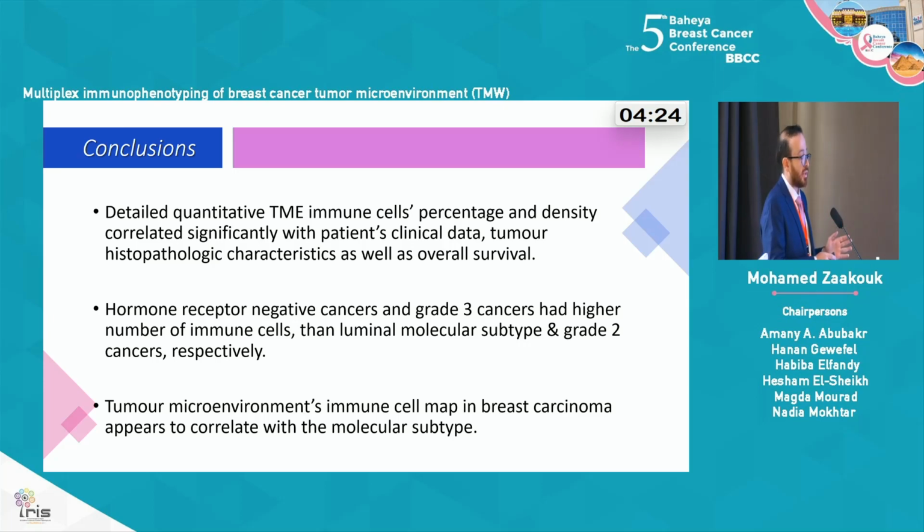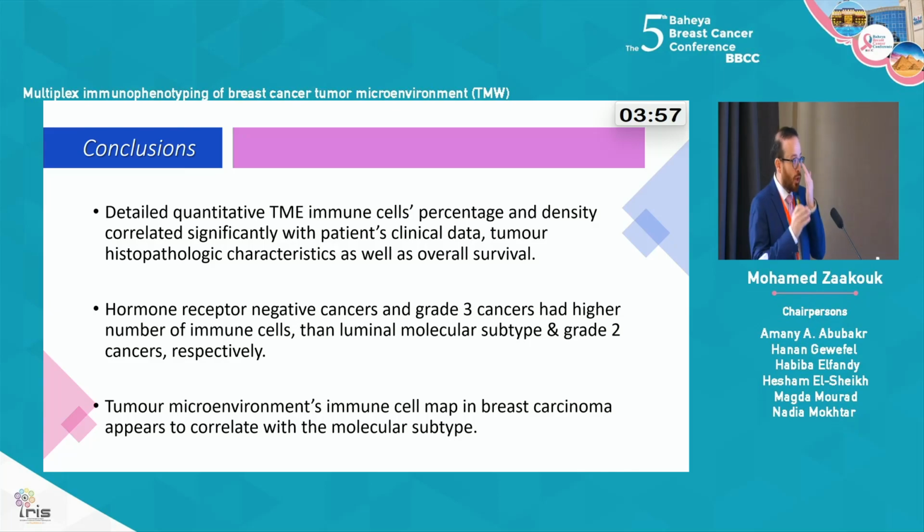And earlier this day, we were discussing the effect of tumor-stroma ratio on the prognosis of the patients, and our study and many studies before have concluded that tumors with high TSR, high tumor-stroma ratio, which means stroma poor, were significantly correlated with better overall survival.